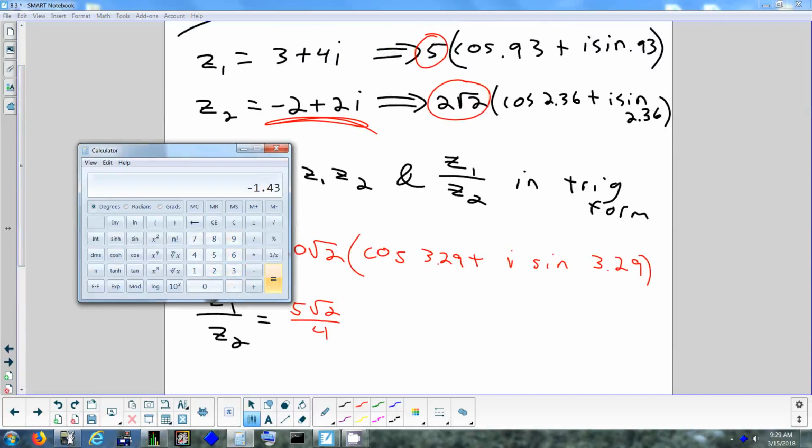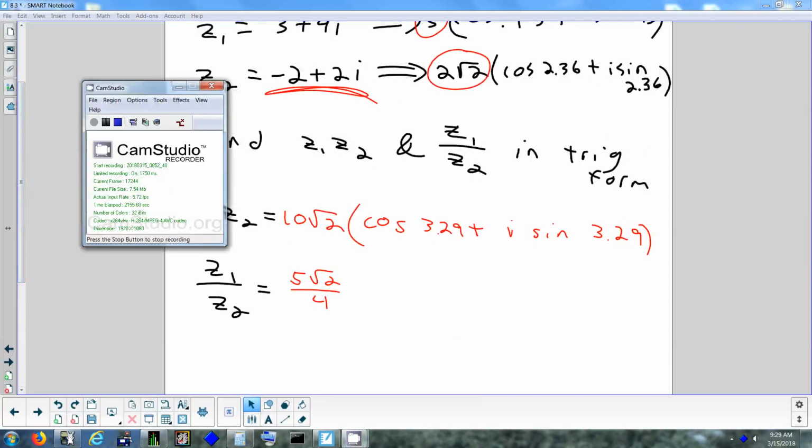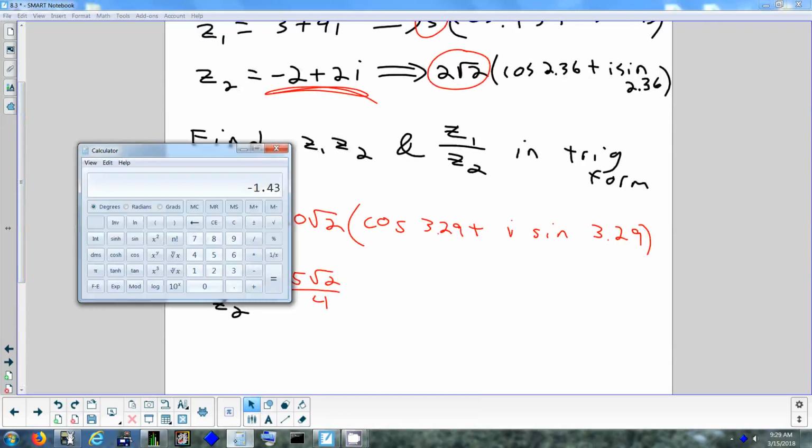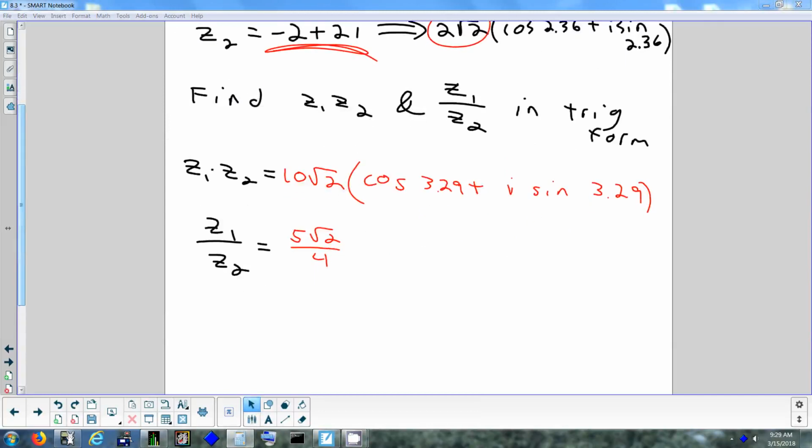If the directions don't say anything, then it's perfectly fine to leave that as a negative number. So when we subtract them, we get negative 1.43. If the directions don't say anything, negatives are okay. I'm going to show you a couple ways you can get rid of the negative if you need to. So cosine of negative 1.43, i sine of negative 1.43.